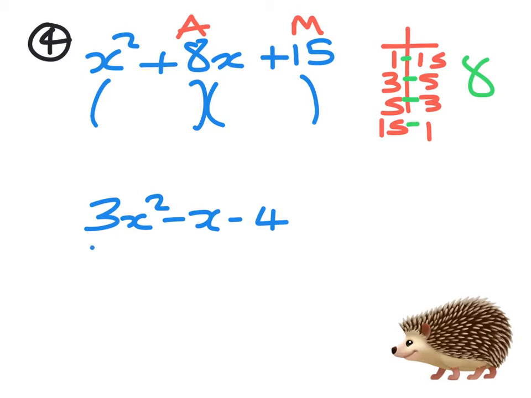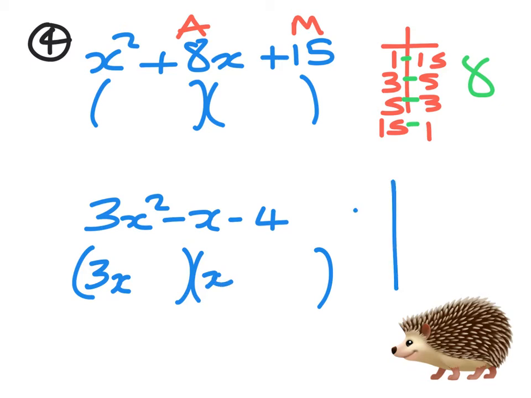The second one, we know because it starts off with a 3x squared, we know that inside the bracket is going to be a 3x and x. We just need to work out what the next part is. So once again we draw a little table, 3x and x. This time we're looking to see which numbers can we times to make 4.